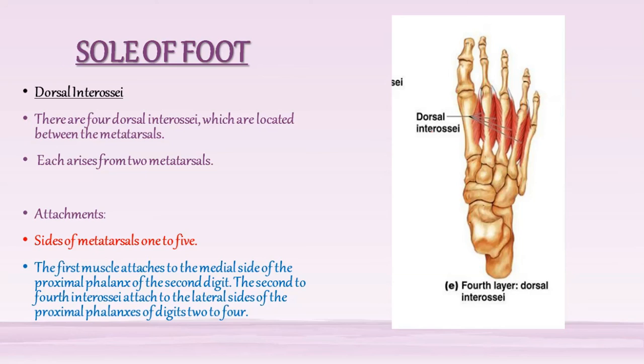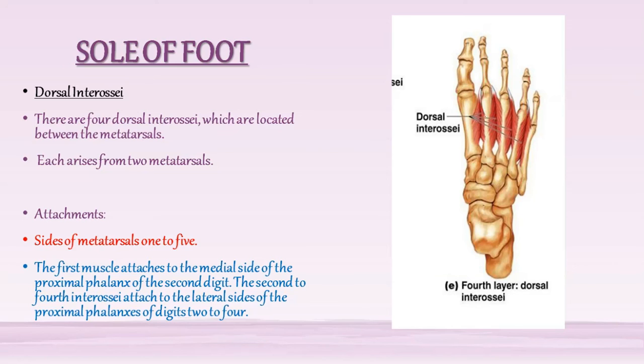The second group of muscles which are present in this fourth layer are the dorsal interossei. We were focusing on the fact that plantar interossei arise from a single metatarsal. They are present between the metatarsals but arise from a single metatarsal, because the dorsal interossei arise from the metatarsals of both sides.